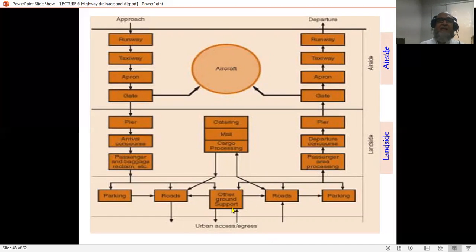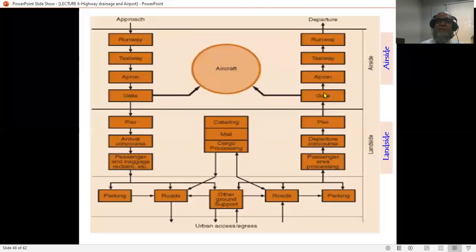So once again, the same thing with a different approach. One we call departure and the other is called arrival. Let's see how you depart. You come from the local roads and the parking areas into the terminal buildings, and then there is a departure concourse, then the gates. The concourse means the connecting area where you will sit and wait for your aircraft to get ready.